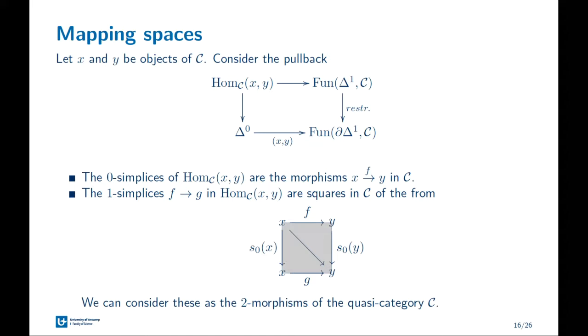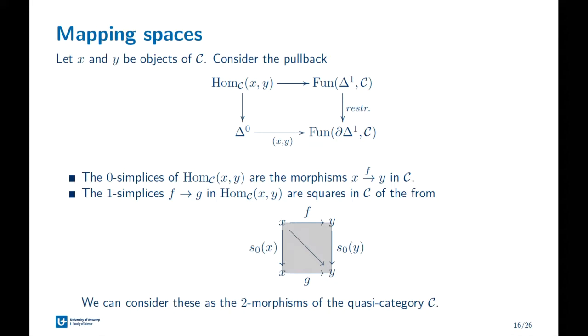And how are they defined? Well, they are given by these squares in the original quasi-category C. So a one simplex in my mapping space is given by a square like this. I have F on the top, G on the bottom here, and identities on the sides. So notice that this is also very similar to how you define a homotopy in a topological space between two paths, right? And that's not a coincidence.